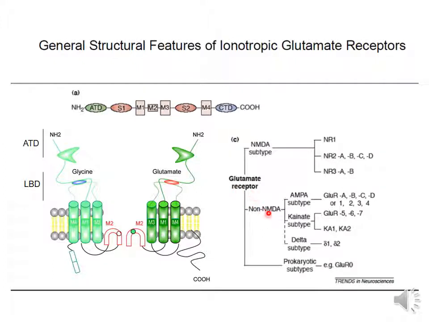One is non-NMDA receptors, in which we can find the AMPA subtypes, Kainate subtypes, and then other types of non-NMDA receptors. In those, the ligand binding domain exclusively binds glutamate. In the case of NMDA subtypes, there is a combination of subunits that bind glutamate or glycine. We will see this in the next video talking about NMDA receptors.